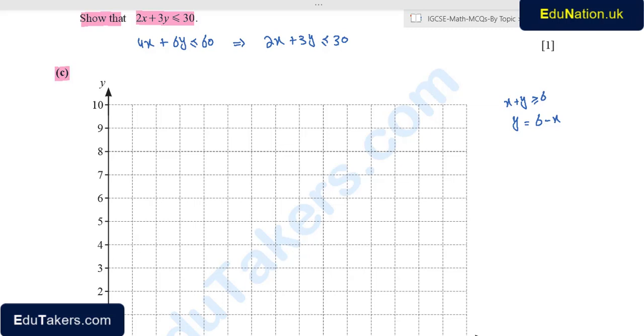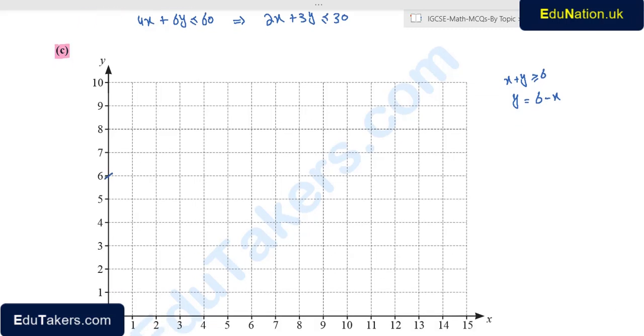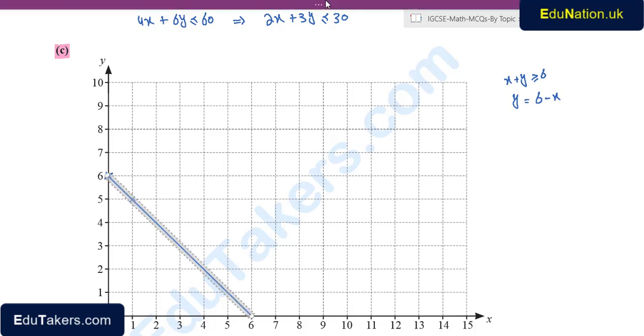Its y-intercept is 6 and its gradient is minus 1, so 1 unit down and 1 unit across. Let's draw its line. It will be passing through these 2 points. And x plus y is greater than or equal to 6, so the unwanted region is below this line.